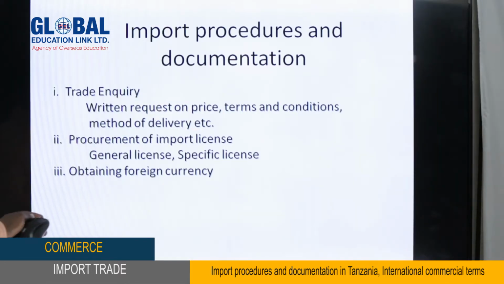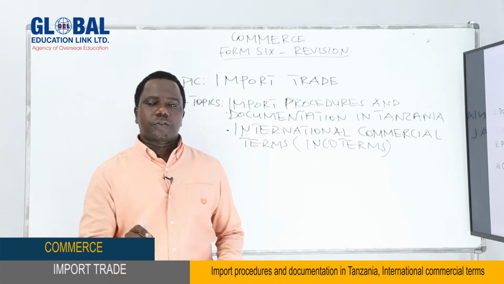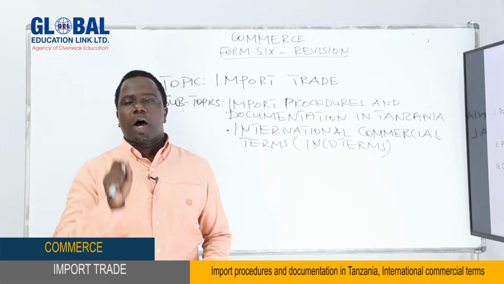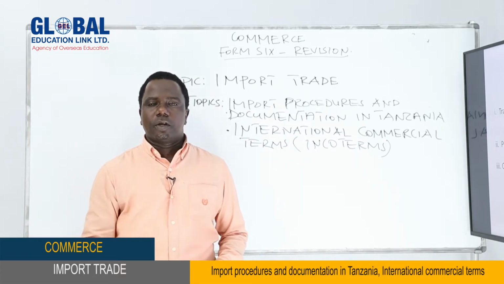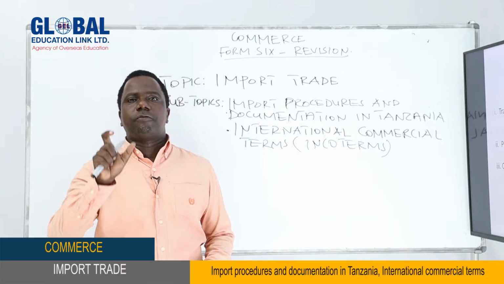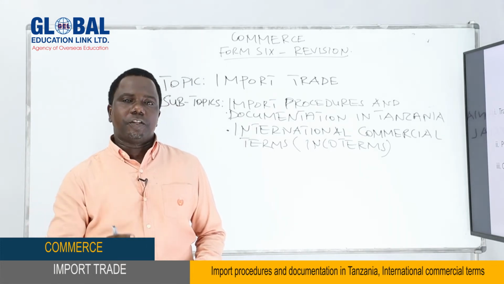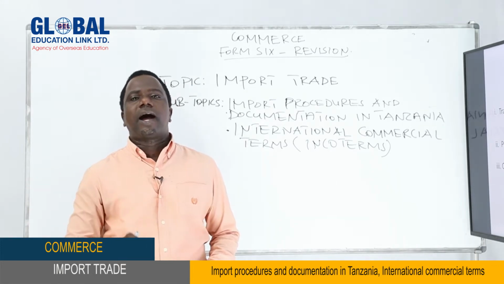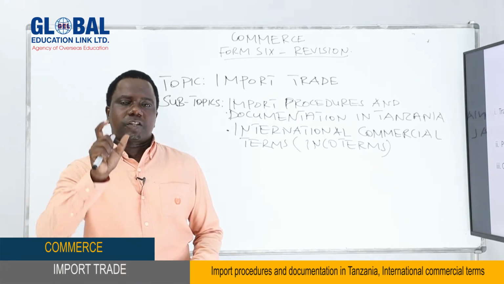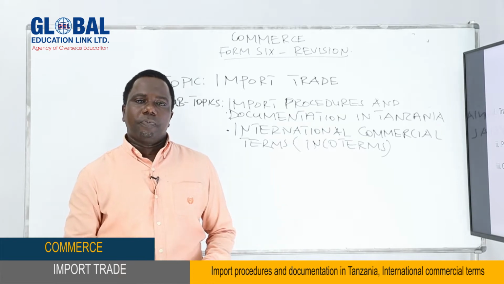Another procedure is obtaining foreign currency. In international trade, when you are buying from other countries, you need to have foreign currency. You need to have the currency of the country you are importing from. Therefore, an importer should get the foreign currency of the respective country he is importing from.